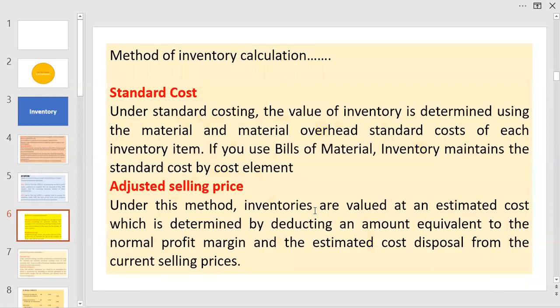Standard cost, mostly used for manufacturing concerns. Despite the actual calculation of the cost, they maintain a standard cost. Difference is adjusted as under or over absorption. Under adjusted selling price, the gross profit will be a fixed amount which will be worked backward from the selling price, and the stock valuation is made accordingly.